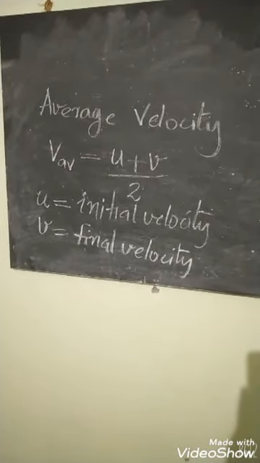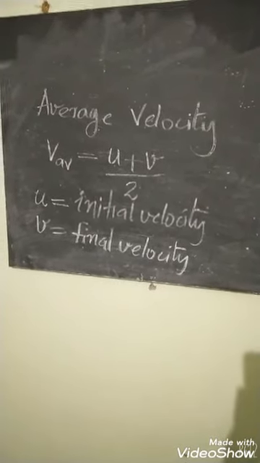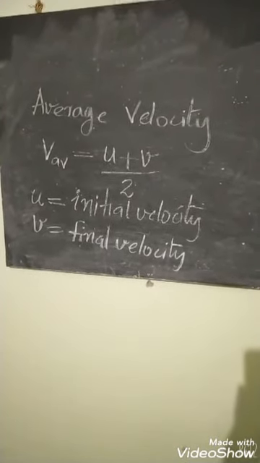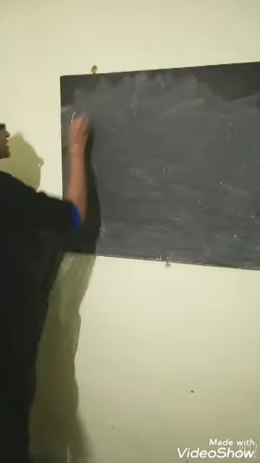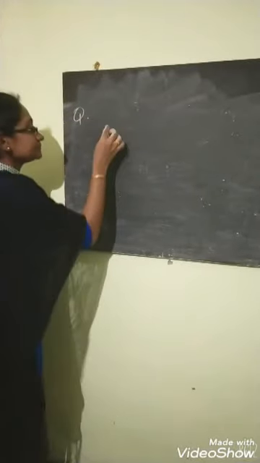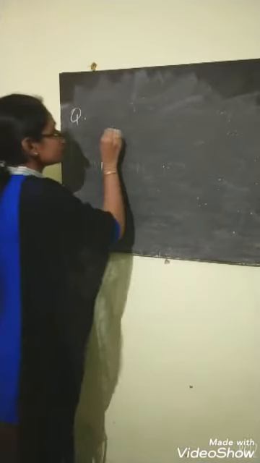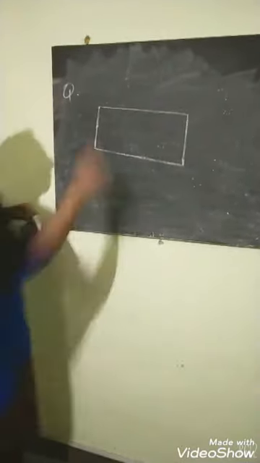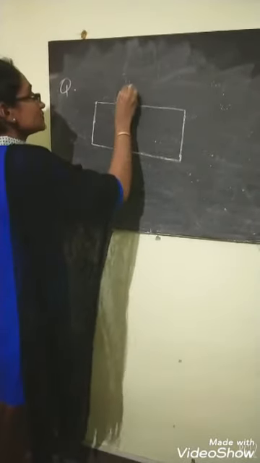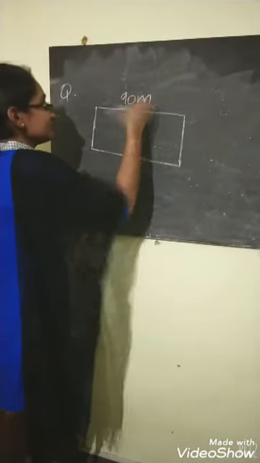Now we are going to do a mathematical problem and I will explain the problem. You please do it in your next class. It's your homework. This is the question: a person is swimming through a swimming pool and the length of this swimming pool is 90 meters.